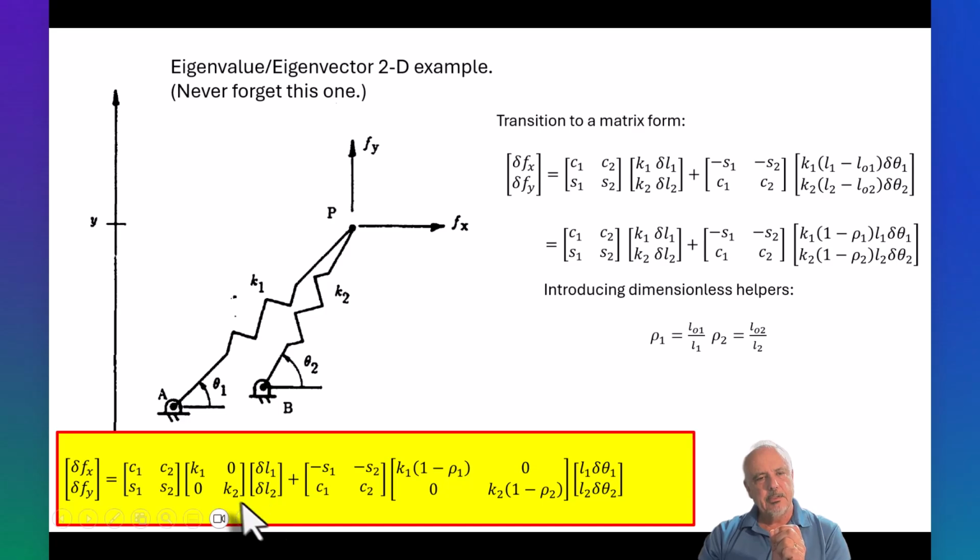So 2 by 2, 2 by 2, 2 by 1, change in lengths. And then here I've got my delta U1, delta U2. Then I've taken the K1 and K2 times that, the 1 minus rho 1, 1 minus rho 2, diagonalize that. And then I've got my L1 delta theta 1 and L2 delta theta 2 as a column vector. So this I'm going to call equation 2.